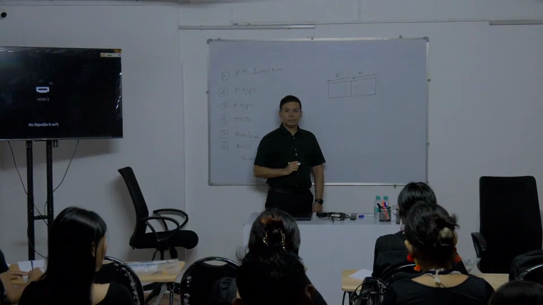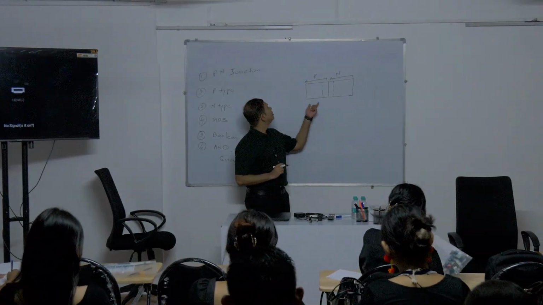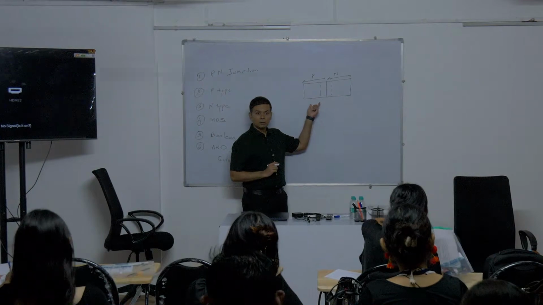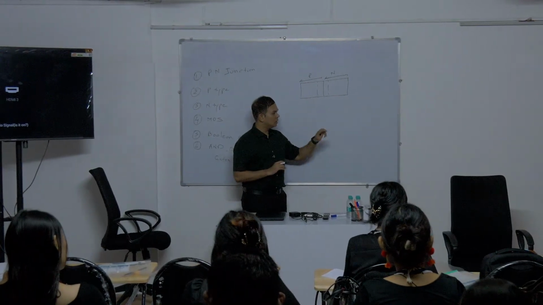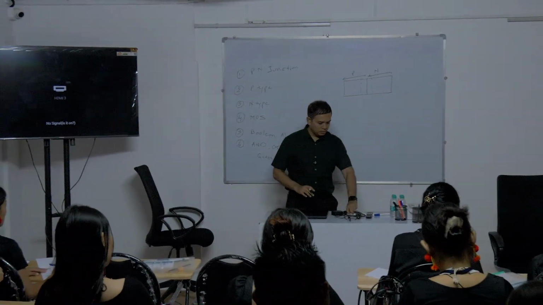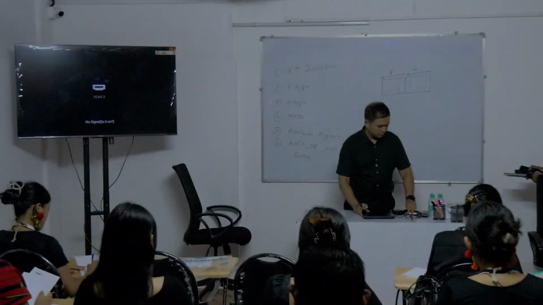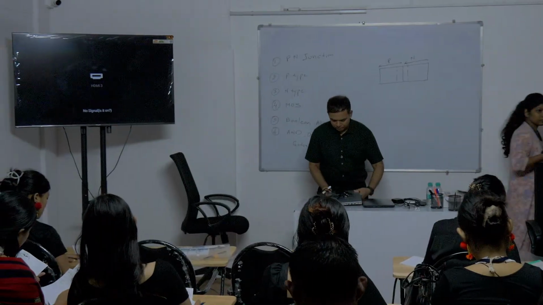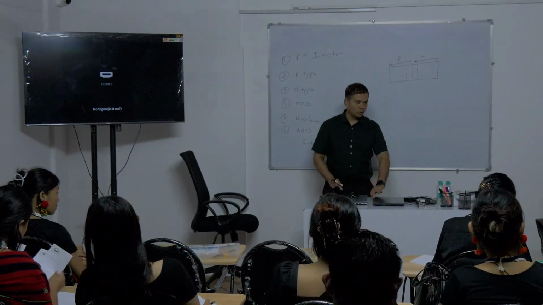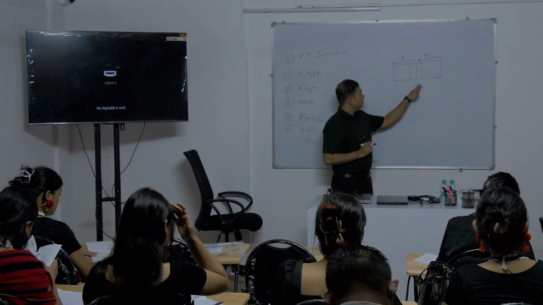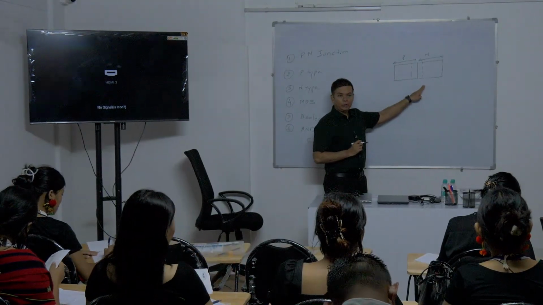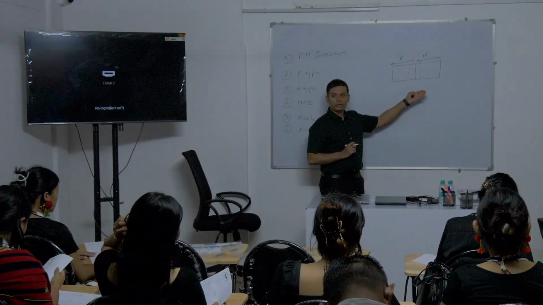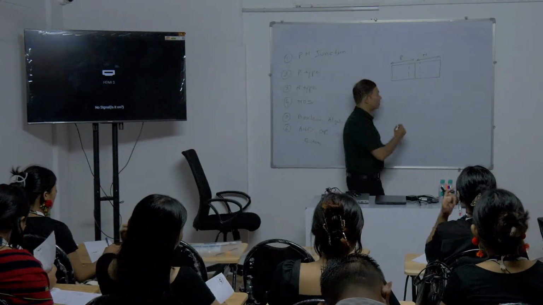So when we consider a P-type semiconductor, in the N-type semiconductor, can you tell me which are the majority charge carriers and the minority charge carriers?